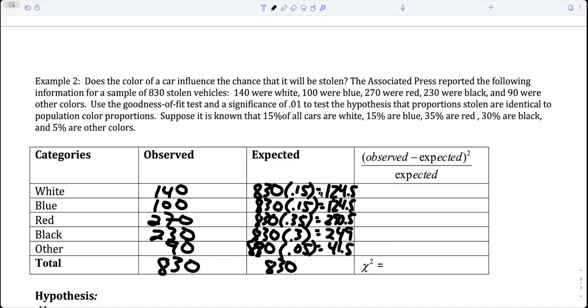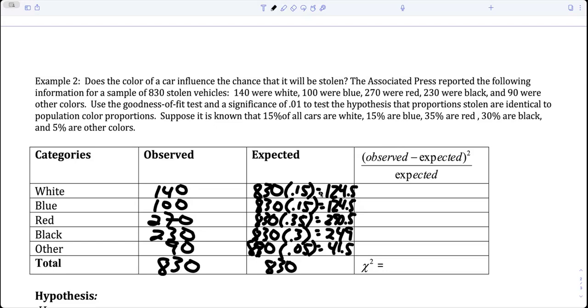Okay. And so when we're working these problems, you need to show the expected counts. You do not really need to do the next step, working it out, but I wanted to show you the math behind the problem, but we're going to use our calculator to calculate this. And so here's what I want you to do.